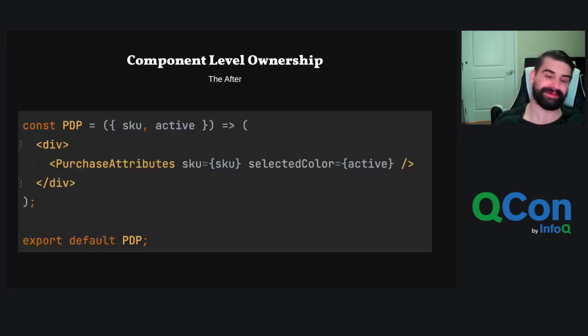The after, when we've implemented something like component level ownership, would look more like this. The product page would get less information. Really what we would want purchase attributes to know is a very small API scope, such as what's the product ID, and maybe what's the selected color of the product that was chosen.